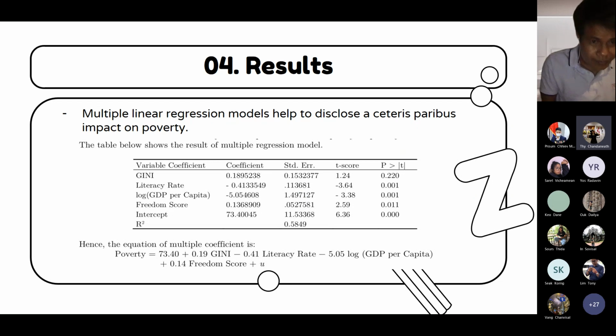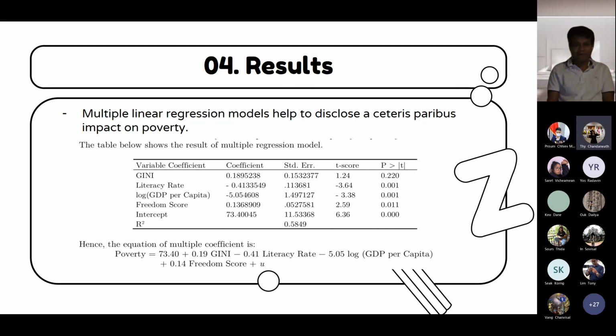Moreover, the correlation coefficient on the log GDP is negative, minus 5.05. This is a strong negative correlation showing that an increase of the gross domestic product per capita by 1% in society will reduce the poverty level by 5.05%. The Freedom House score has a positive correlation, which means that a higher Freedom House score implies a higher level of poverty.